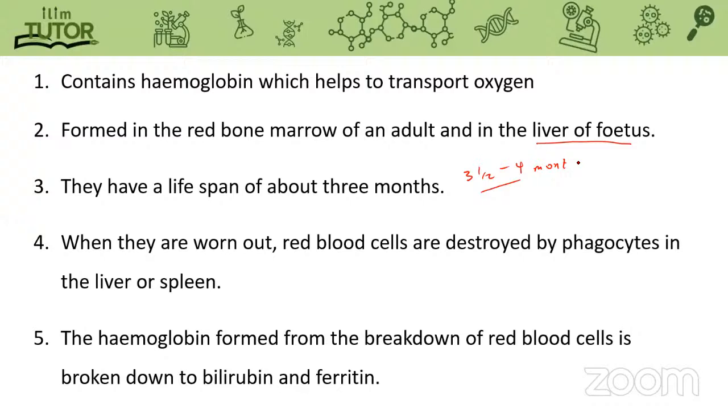When they are worn out, they are destroyed in the spleen by phagocytes. And then the hemoglobin, okay, that is formed from the breakdown of these red blood cells.